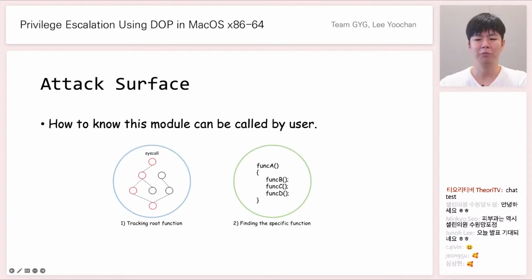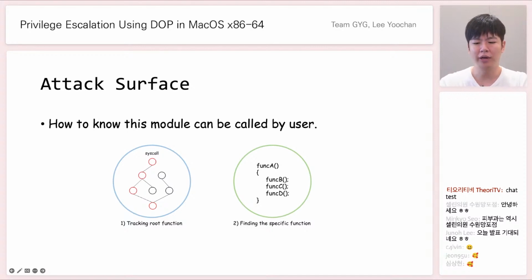After finding this module, one question popped into my mind. At first look, they seemed vulnerable, but the premise is that the user should be able to call them. I don't know how other people figure out if the user can call it or not, but in my case, there are two ways to do it.